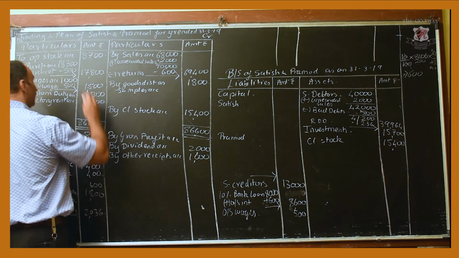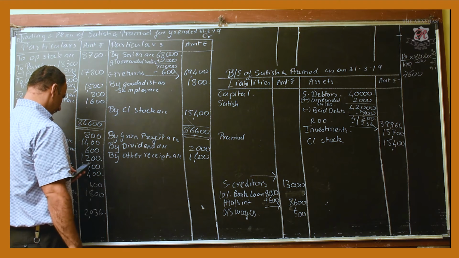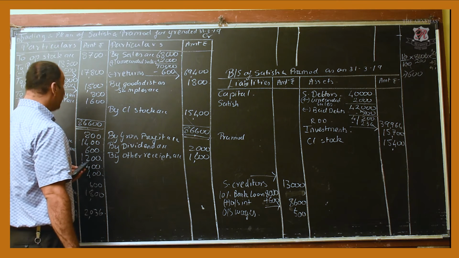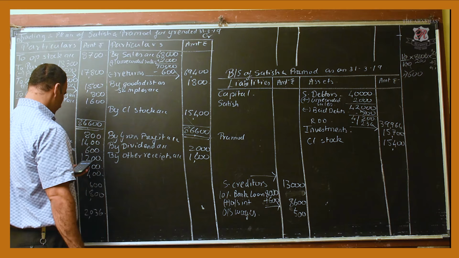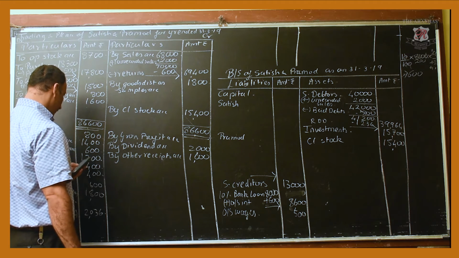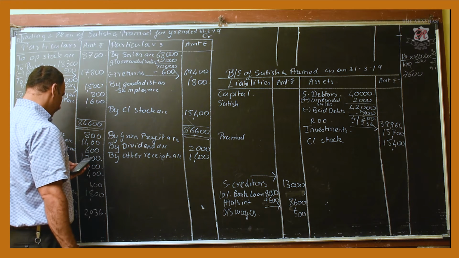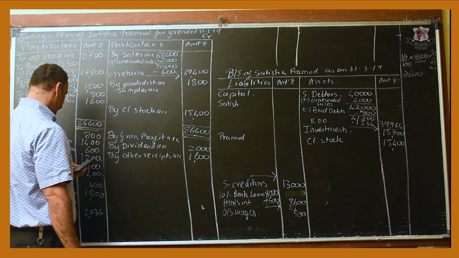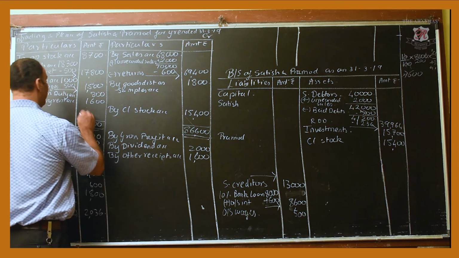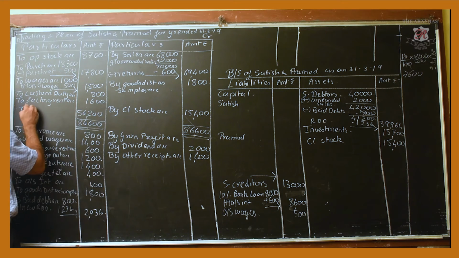From 86,600 minus 8,700 minus 17,800 minus 1,500 minus 800 minus 1,600. So 56,200 is my gross profit.